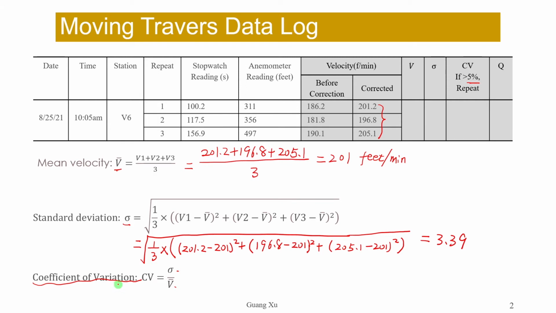Thus, the coefficient of variation equals 3.39 divided by the mean velocity of 201, which equals 1.7%, which is less than 5%. That indicates that our measurement is pretty consistent and the data is accurate enough to be included in the report. If you get a result that is larger than 5%, then we will need to perform additional measurements until we get the coefficient of variation less than 5%.